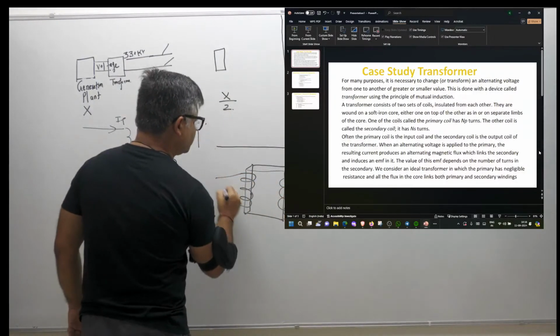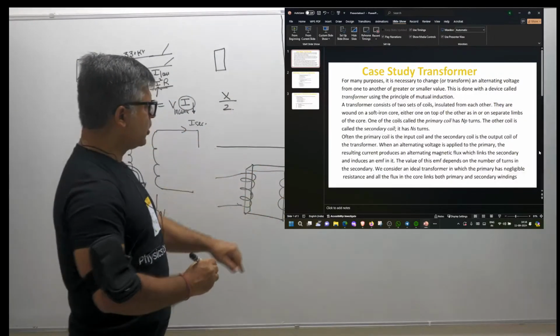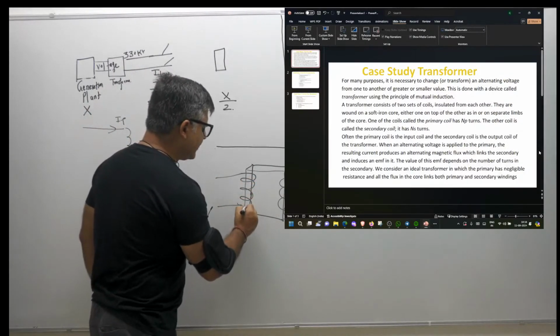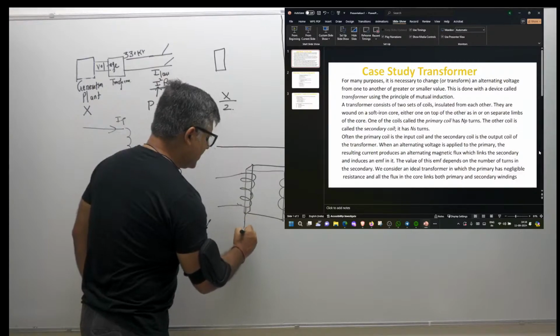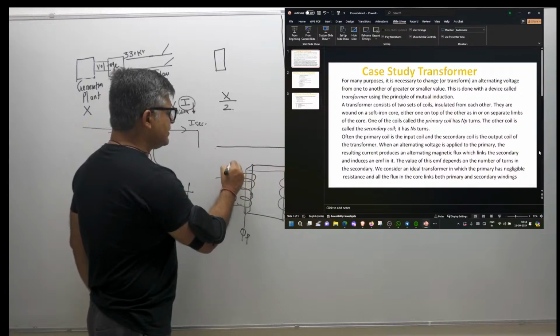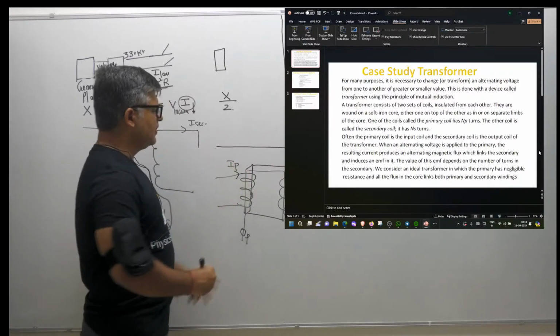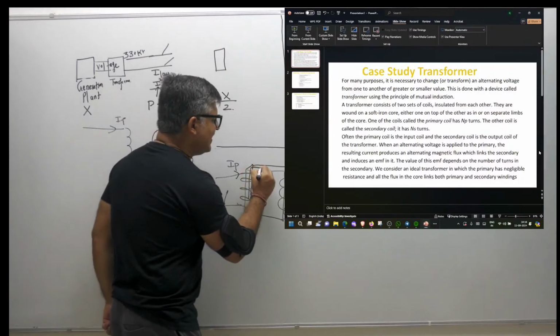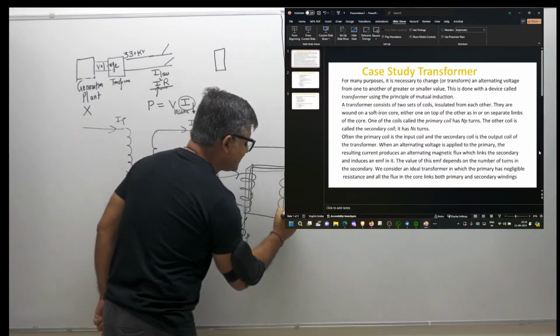This is the way you would see it. So this is a core. Why do you have a soft iron core? So that the flux which is generated by the primary, because of the current in the primary, travels very easily to the secondary circuit.